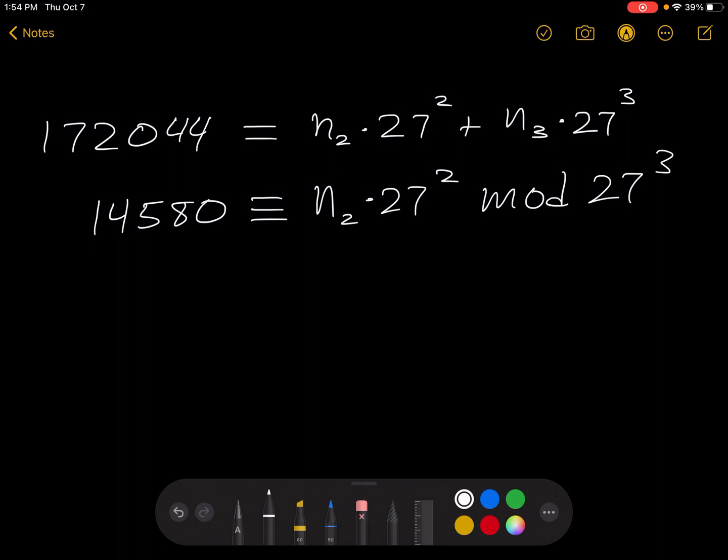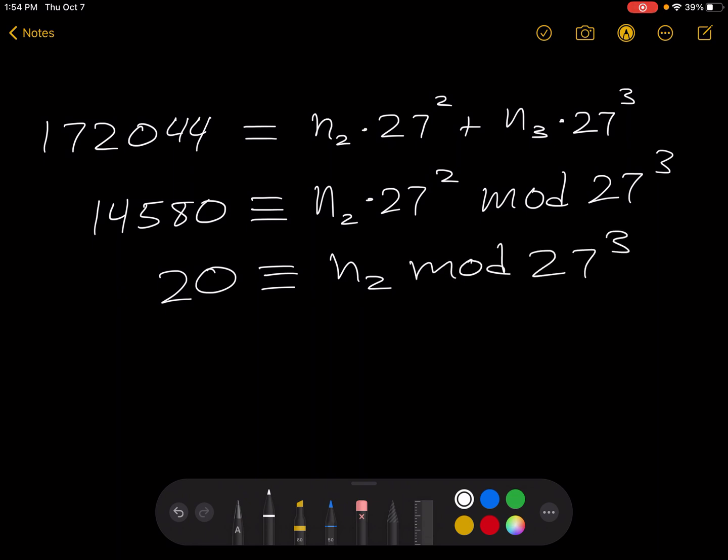Now dividing both sides by 27 squared, we get that 20 is congruent to n2 mod 27 cubed.